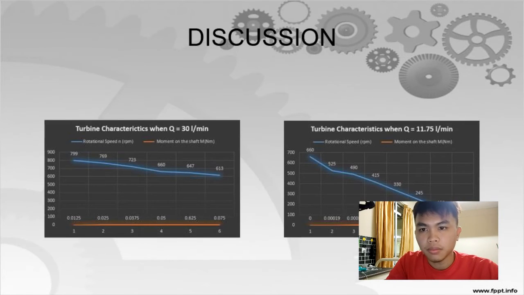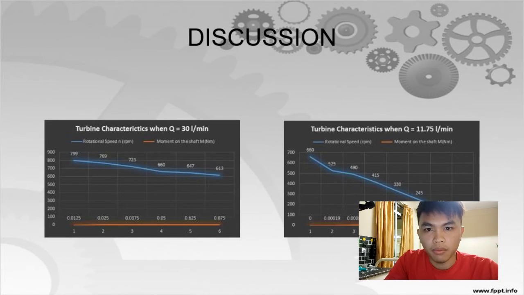For discussion, from the two graphs, it can be concluded that the increase of the moment of the shaft will decrease the rotational speed of the turbine, and the decreasing value of the rotational speed depends on the value of the flow rate.